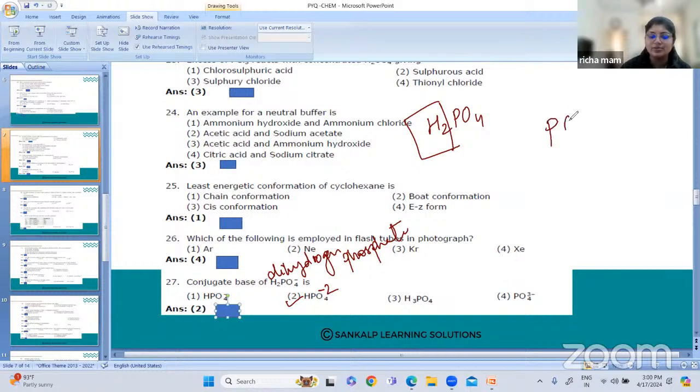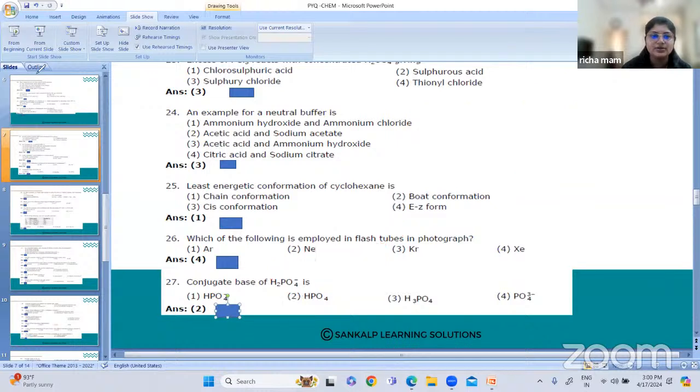So it will be HPO4 minus 2. When you remove the proton from the conjugate acid and convert it into a conjugate base, the answer is HPO4 minus 2. Okay. Let us go for the next one.